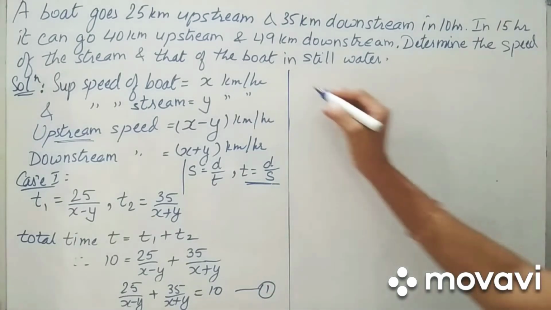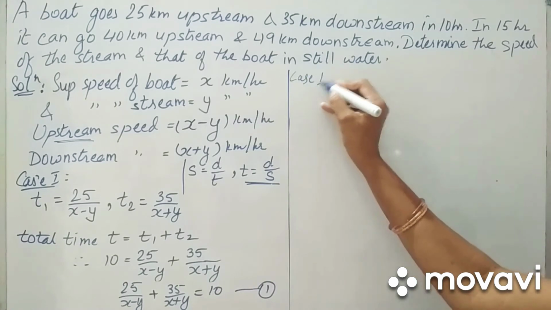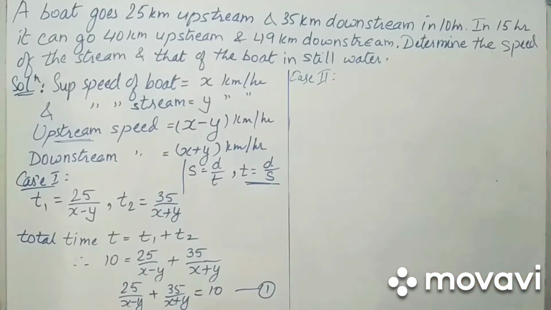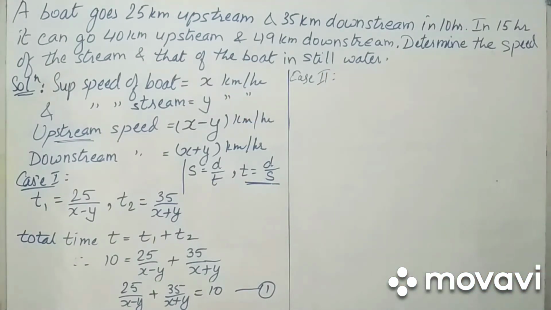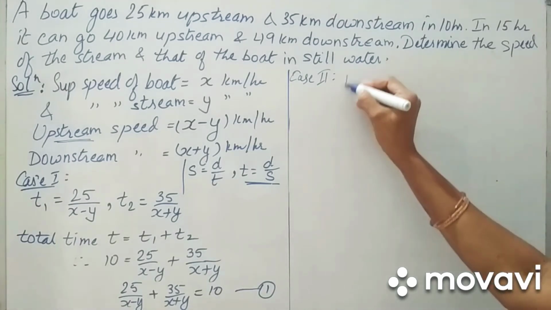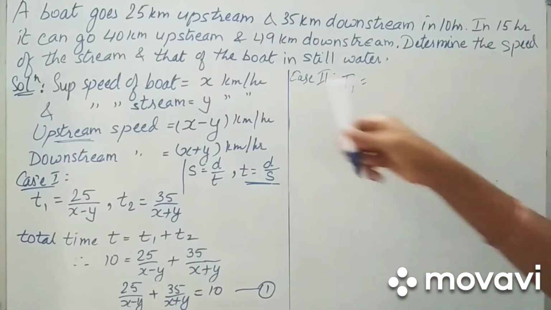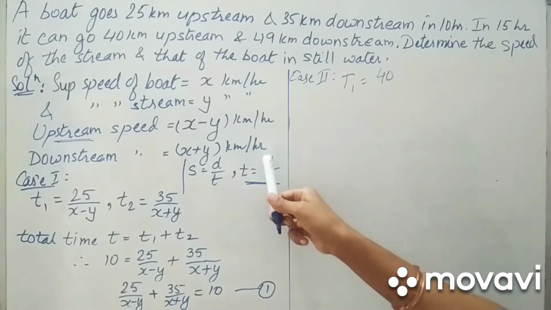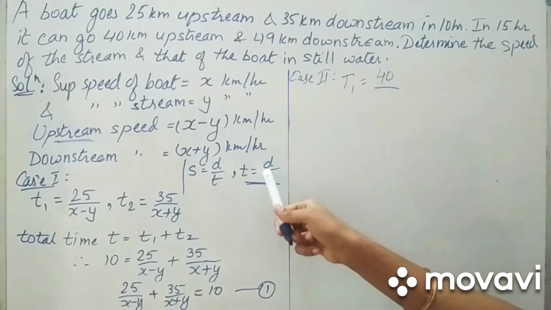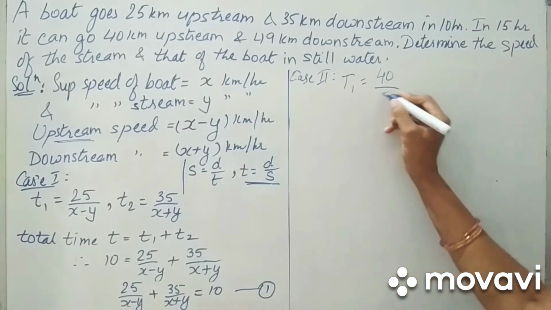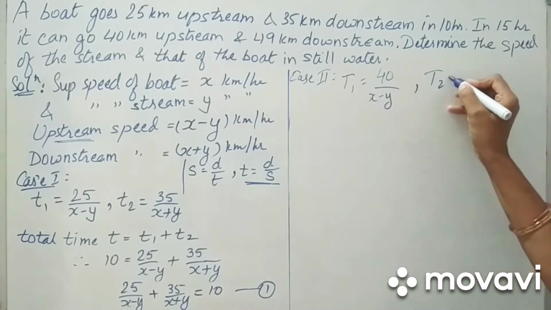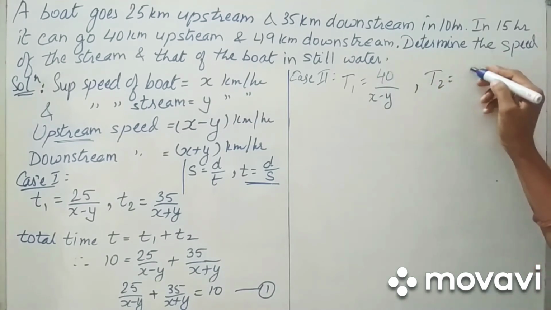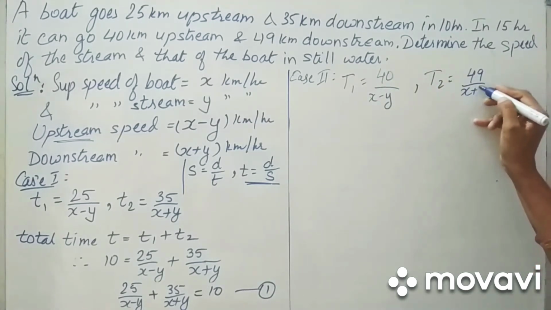Same way, case 2. In 15 hours, 40 km upstream and 49 km downstream. So here, to differentiate, I am writing capital T. T1 is 40, the same distance, upon speed. So it is upstream. Upstream speed is x minus y.